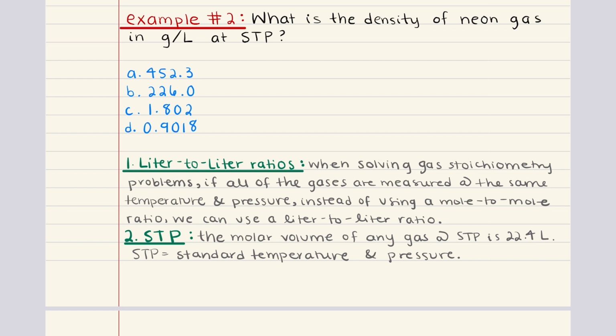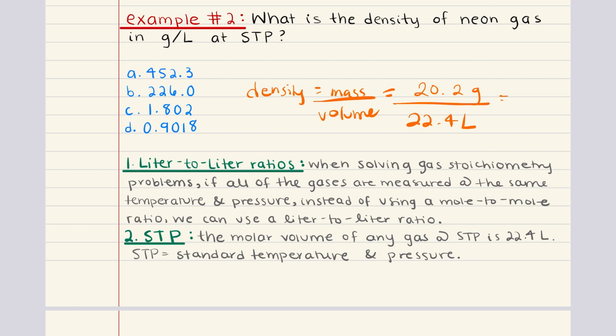Keeping that in mind now, density is defined as mass over volume. For our system here, the mass of 1 mole of neon gas equals 20.2 grams. And then at standard temperature and pressure, 1 mole of neon gas occupies 22.4 liters. So density is equal to 20.2 grams divided by 22.4 liters.